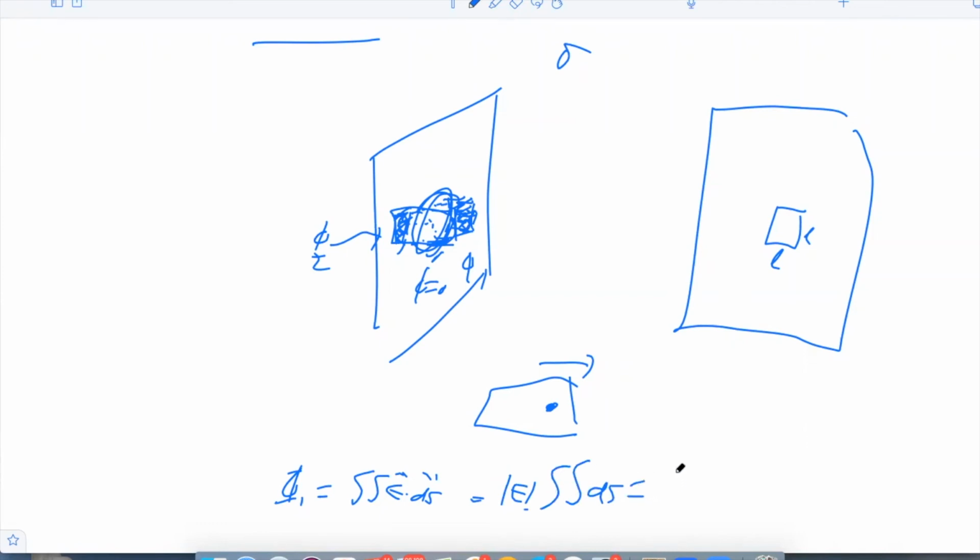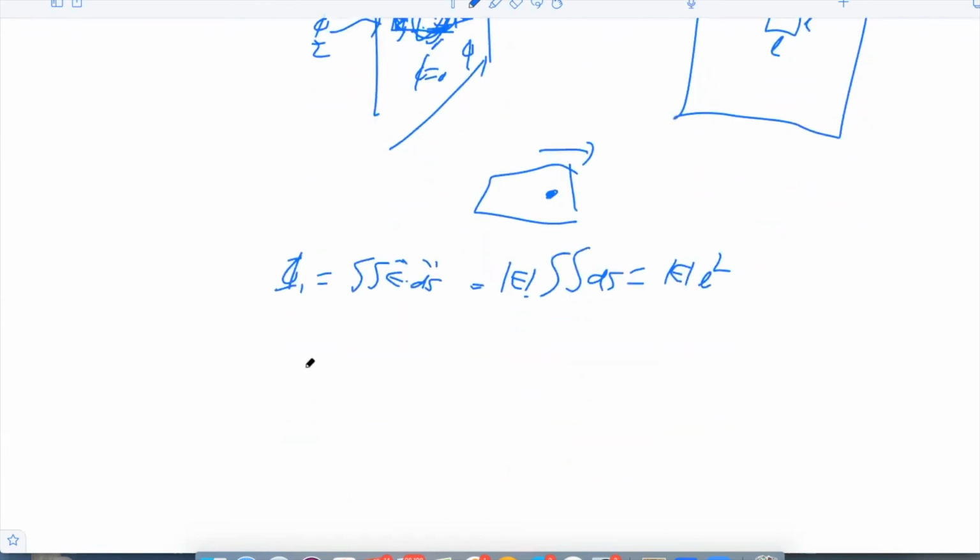Area of a square is L squared. And we have 2 of those, one on the front and one on the back. So our total flux, double integral, let's call that number 1 there, of the entire thing will be 2 magnitude of E L squared.